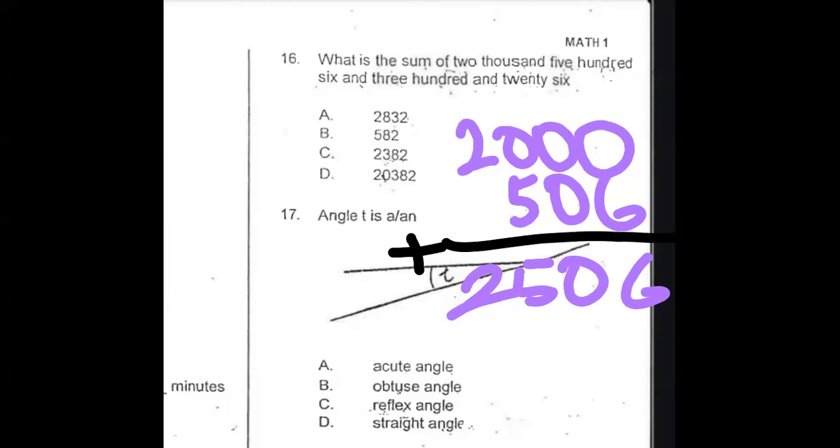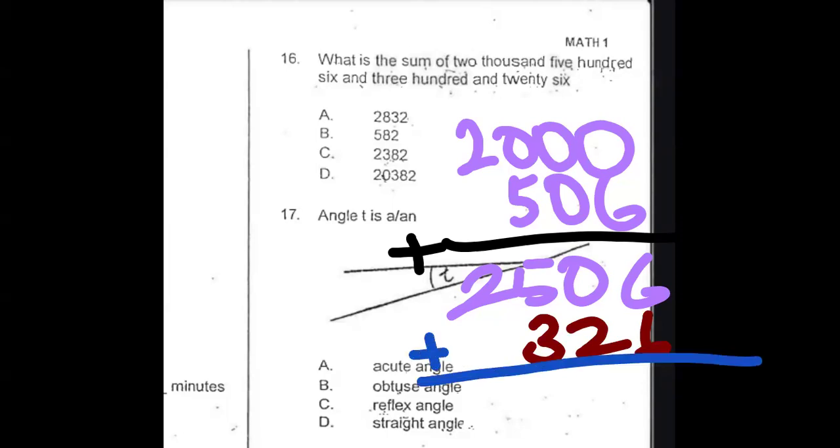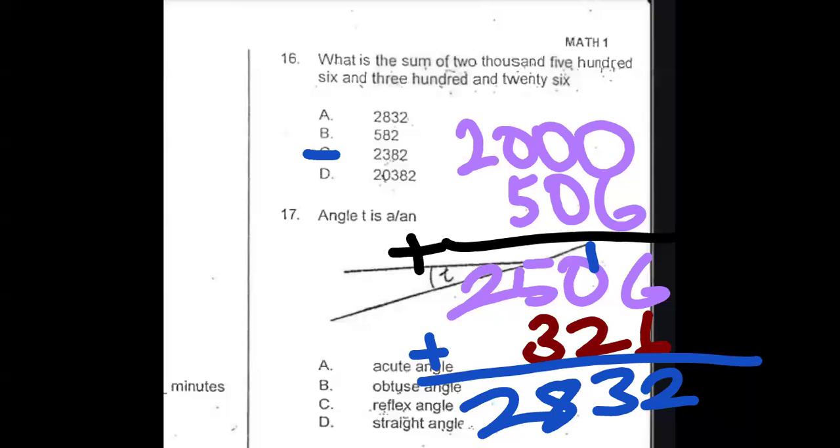So 2,506 and 326. Yep, so our answer is going to be C. Right? Our answer is going to be C.